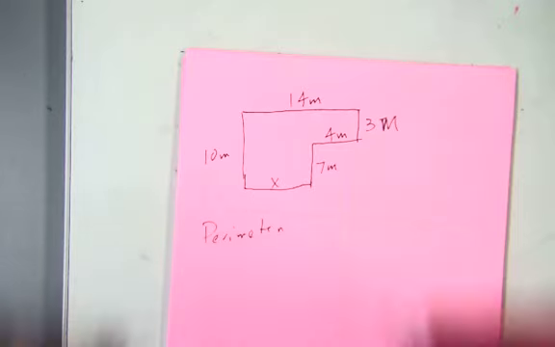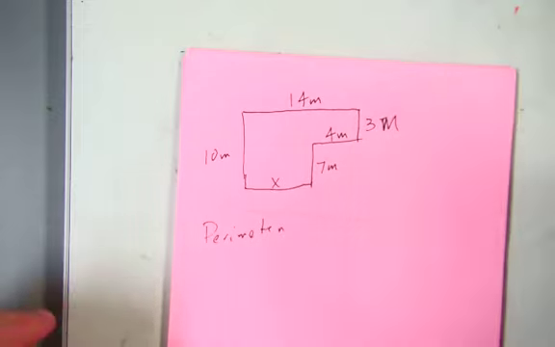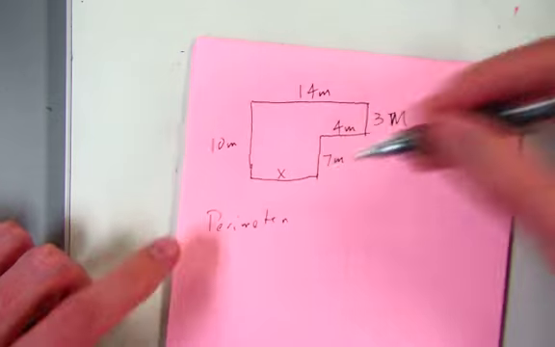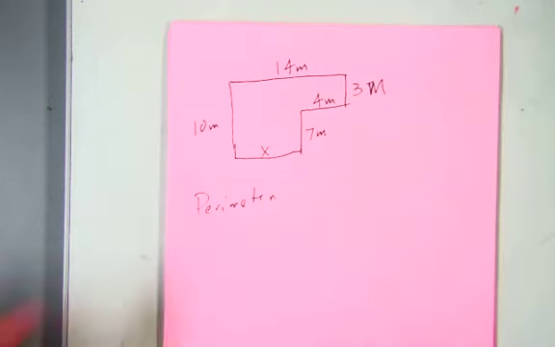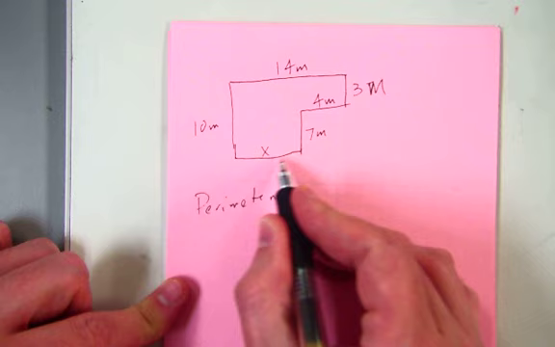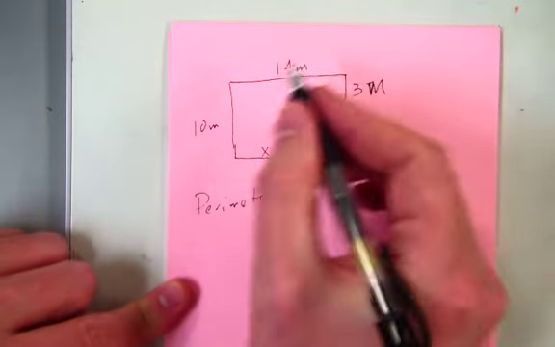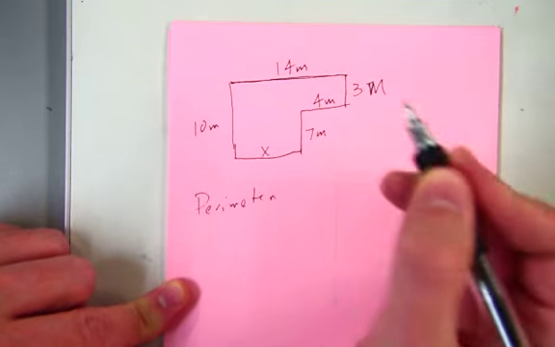So the perimeter is the distance around the shape, right? So if we have something like this with 1, 2, 3, 4, 5, 6 sides, we're going to add up the length of all 6 of those sides, and then that total is going to be our perimeter for our shape. Now I did throw a little curveball in here in that I didn't tell you the length of this side, okay? But what we've got to notice here is that this whole distance across the top is 14, right?